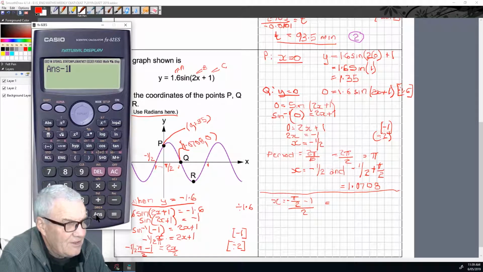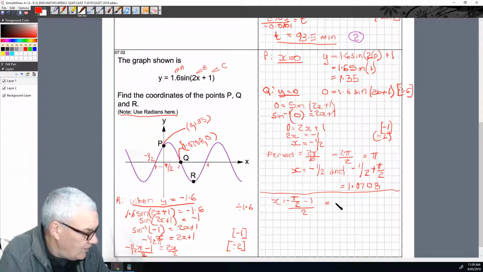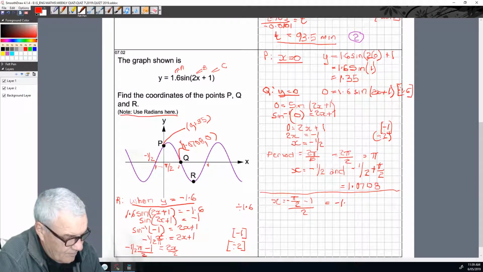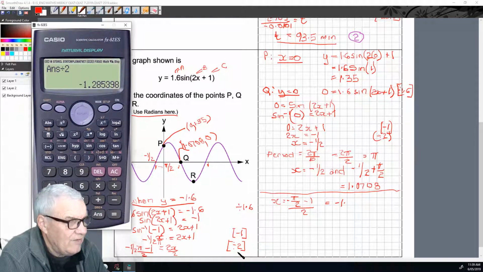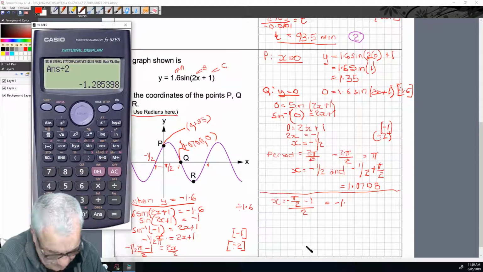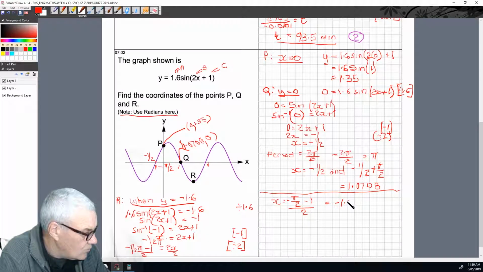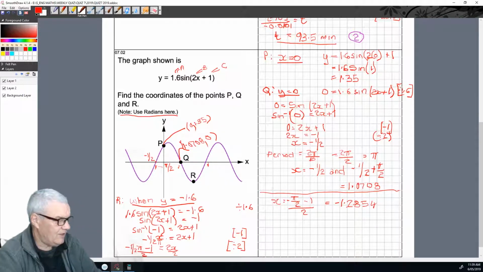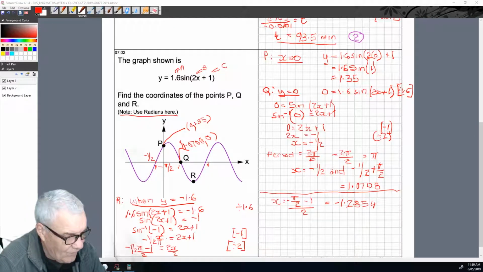Minus 1 equals, and then we divide that by 2 equals negative 1.2854. Negative 1.2854.